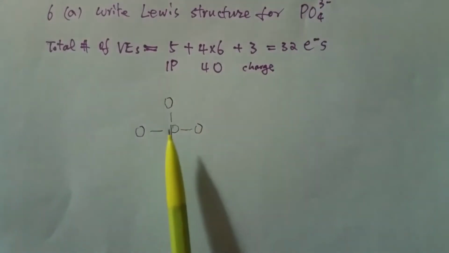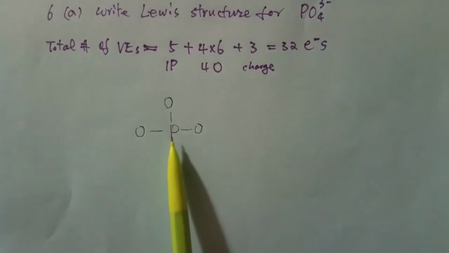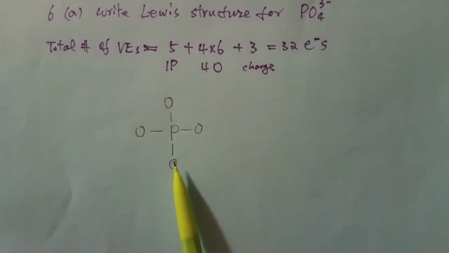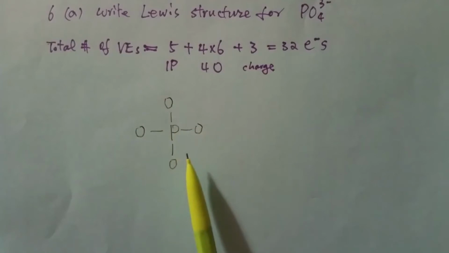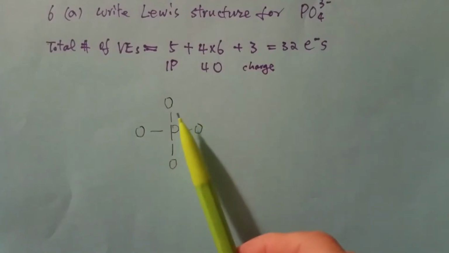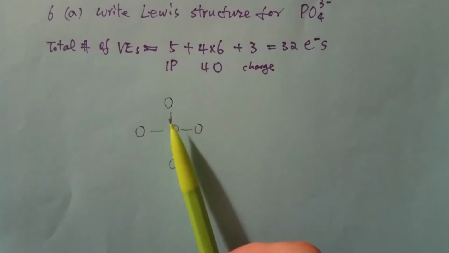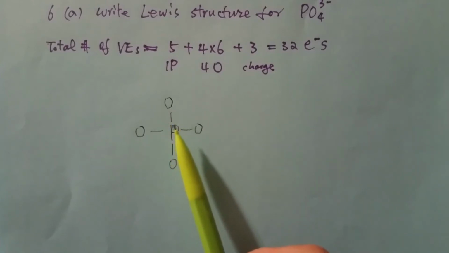So we place phosphorus as the central atom and the 4 oxygens as the peripheral atoms. As I mentioned a short while ago, between each phosphorus and oxygen there has to be a bond, whether single or double, which we'll determine very shortly.